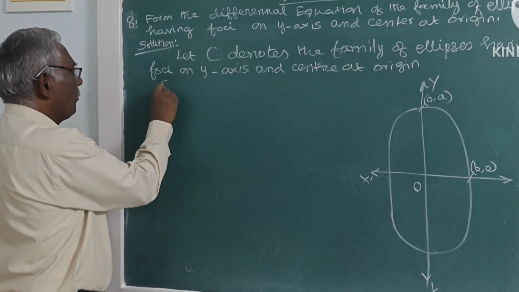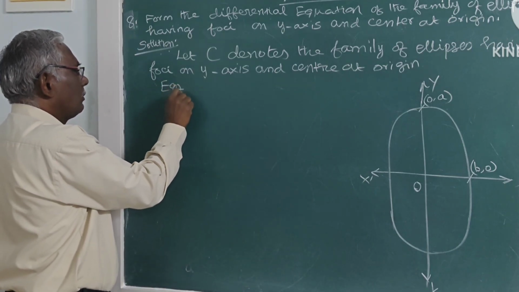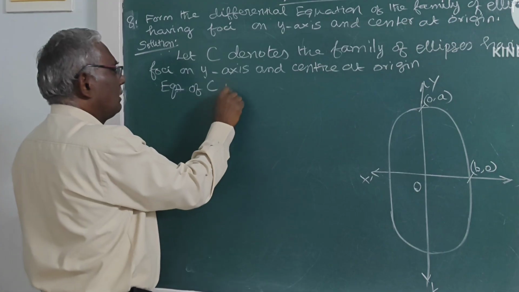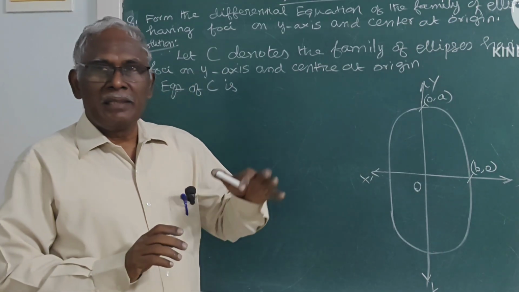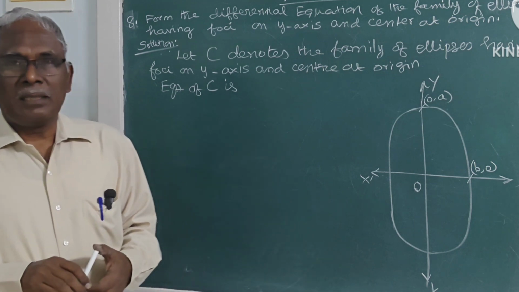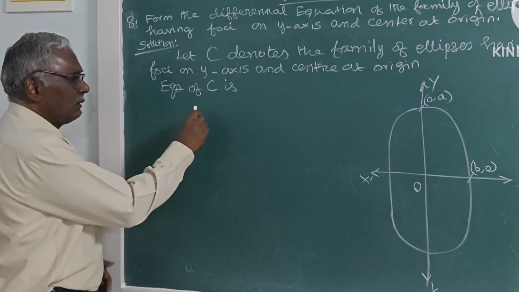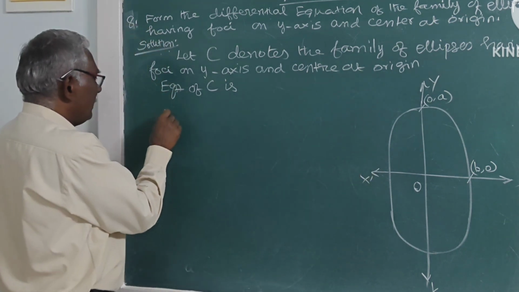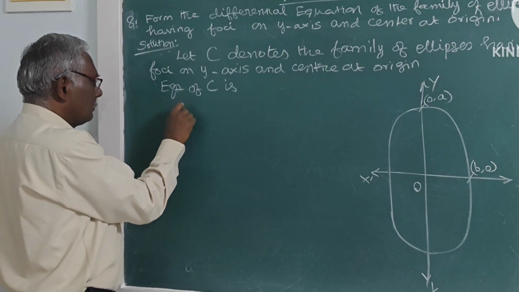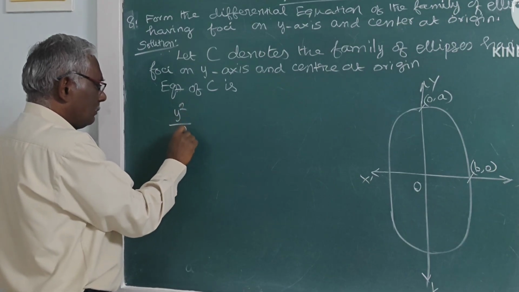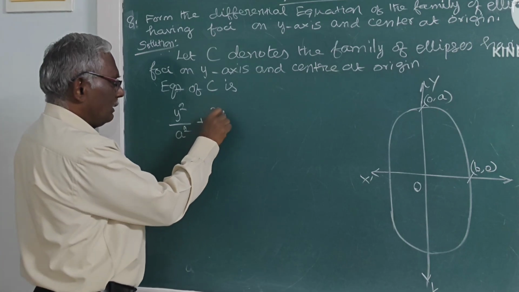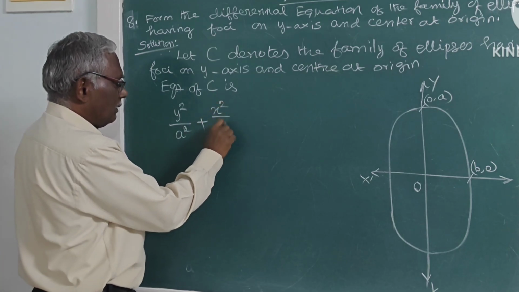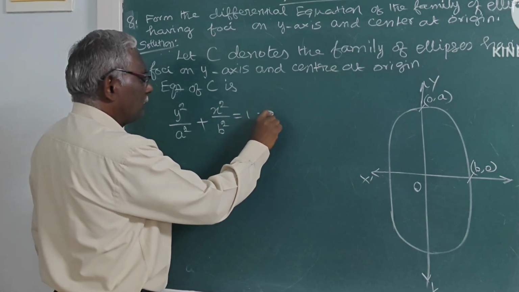Equation of C, the equation of family of ellipses having foci on y-axis and center at origin, is y square by a square plus x square by b square is equal to 1.